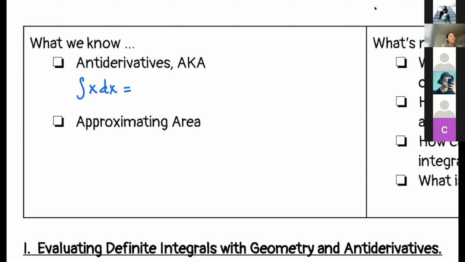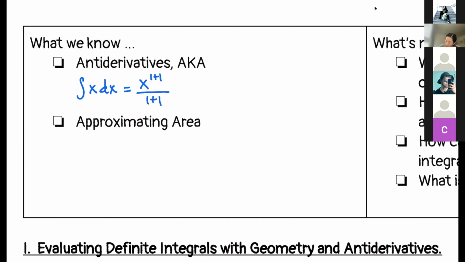Like, what was the function that we took a derivative of to get x? Yeah, and let's just change all those minuses to a plus. And so we're going to get x to the 1 plus 1 over 1 plus 1.